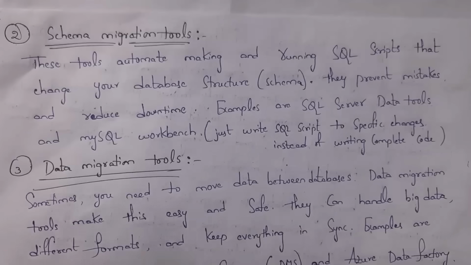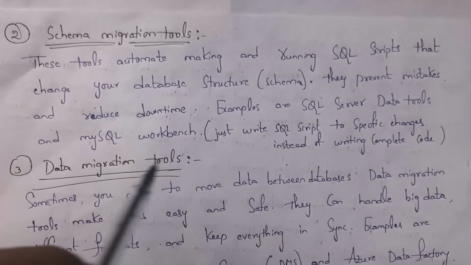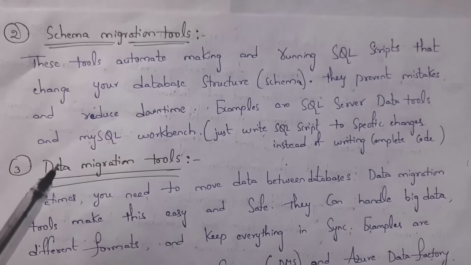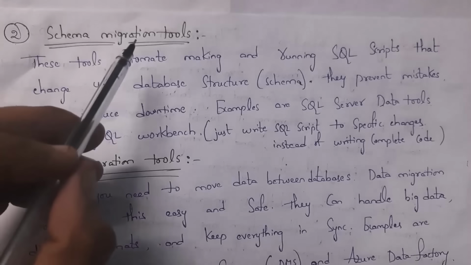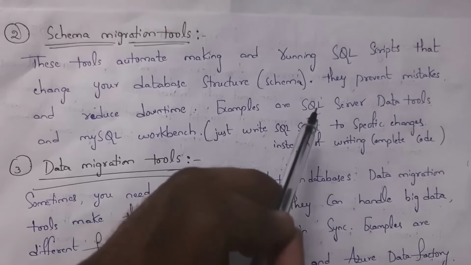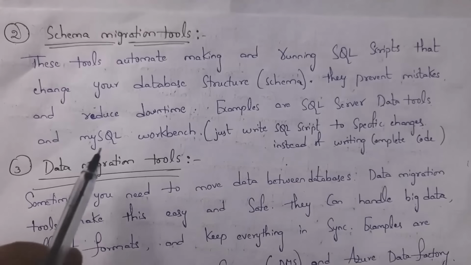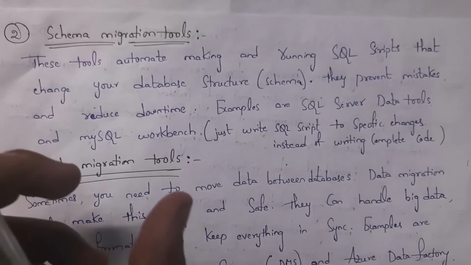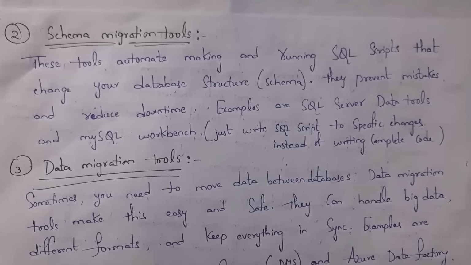The second technique is schema migration tools. Whenever you perform database migration in DevOps, you can use schema migration tools. Examples of schema migration tools are SQL Server Data Tools and MySQL Workbench. These both tools are examples of schema migration tools.